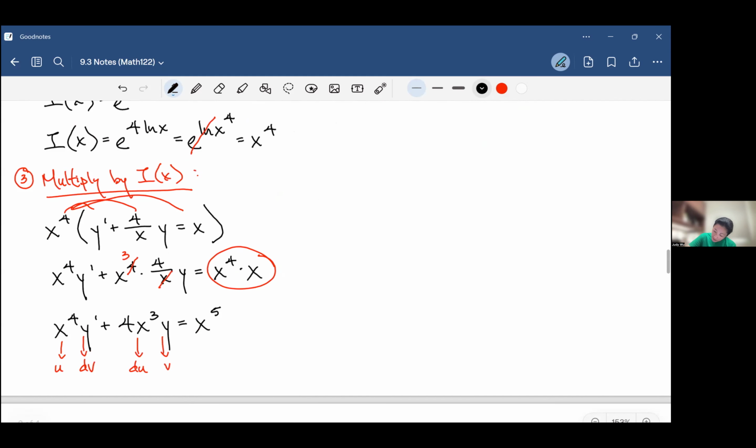In other words, this can be written as the derivative of x to the fourth times y. And that is going to still equal my x to the fifth, okay?